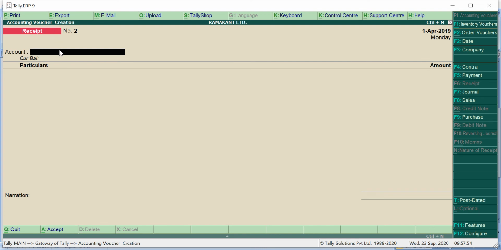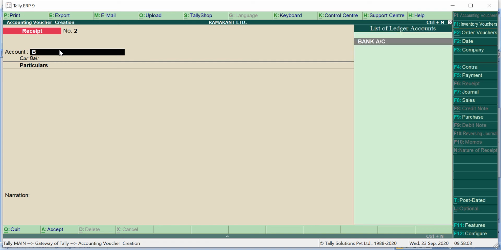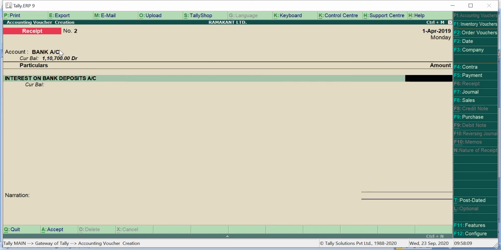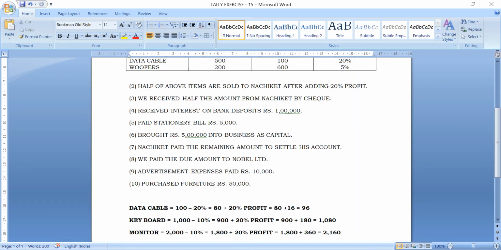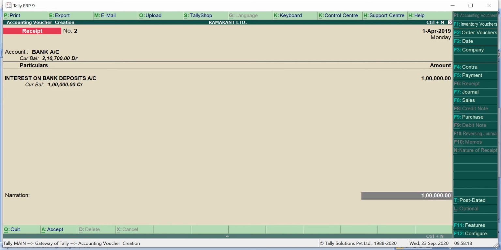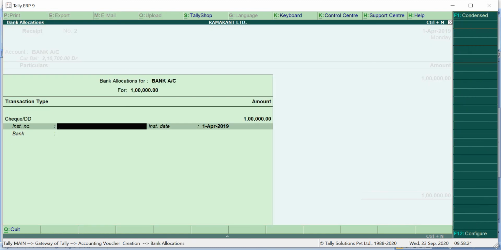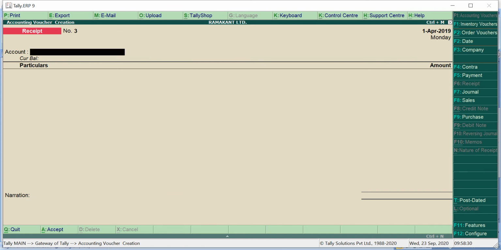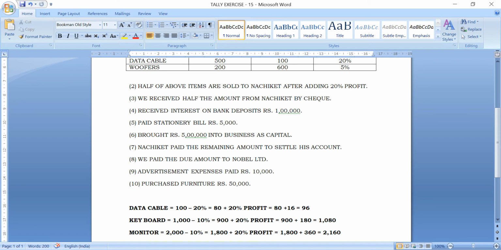Interest on bank deposits is not received in cash, it is directly credited to our bank account. So in this also we have to make the entry in the bank account. Select interest on bank deposit and let us check the amount also, that is rupees 1 lakh. 1 lakh is done. It again asks for instrument number, so enter any dummy number like 2 3 5 6 8 9. Done.